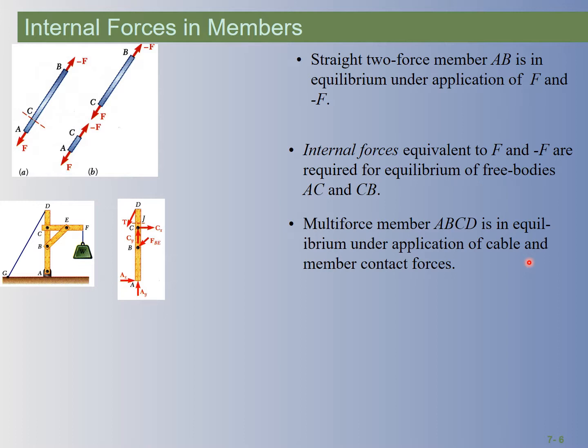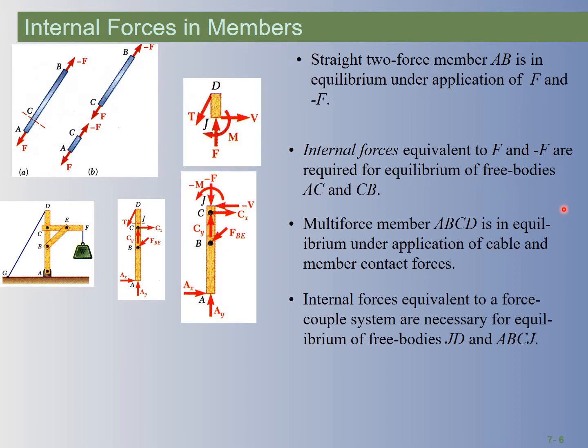If you have a 3-force member, so forces are applied, or a multi-force member, you have forces at more than just 2 places. That means that when you cut inside of here, you're going to have more than just a straight axial force. So this pole is resisting bending, which means there's an internal moment inside of this.